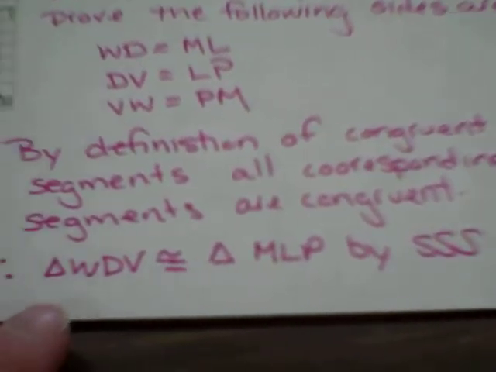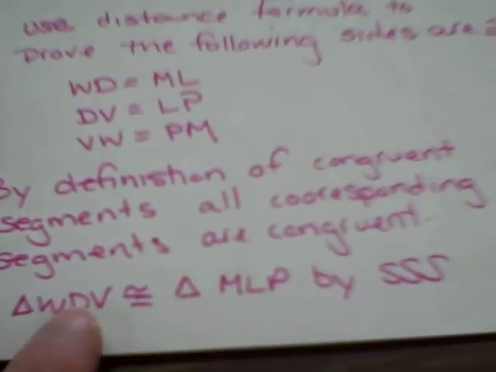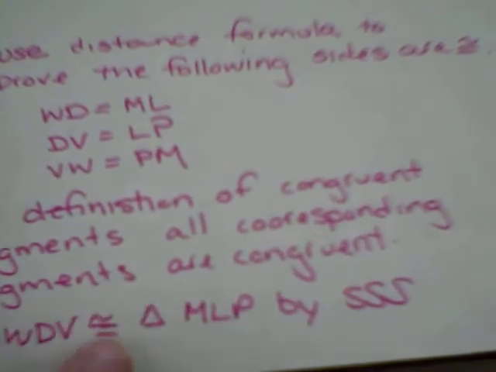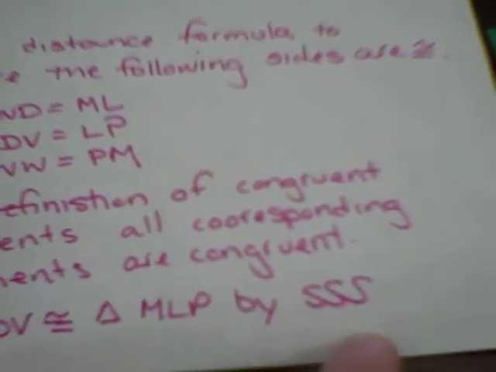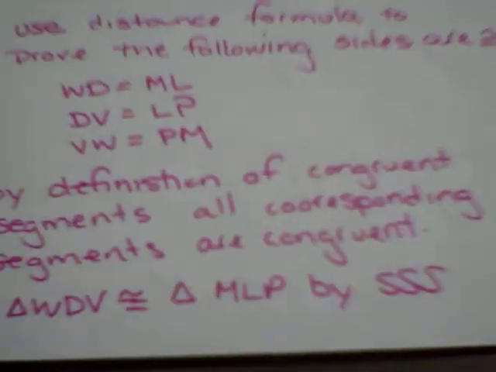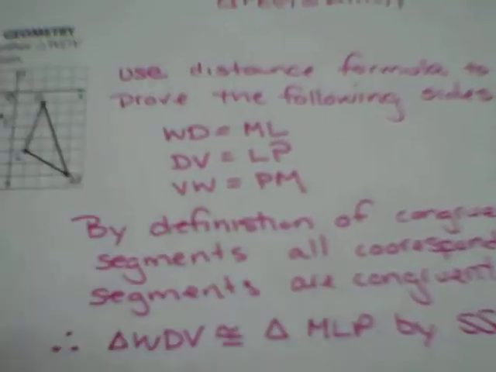And therefore, those 3 dots in a triangle mean therefore, triangle WDV is congruent to triangle MLP by side, side, side congruency. So again, we're just using the fact that we have our 3 sides to prove that these two triangles are the same. Now let's turn the page.